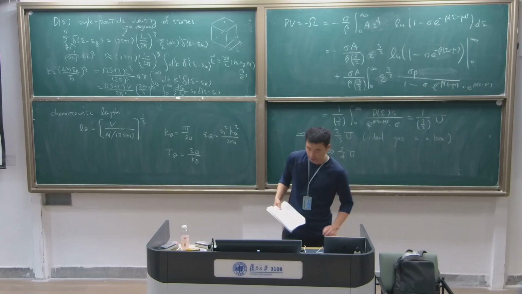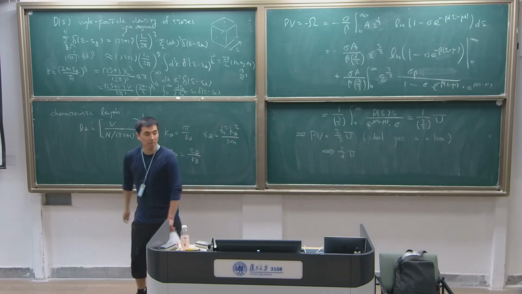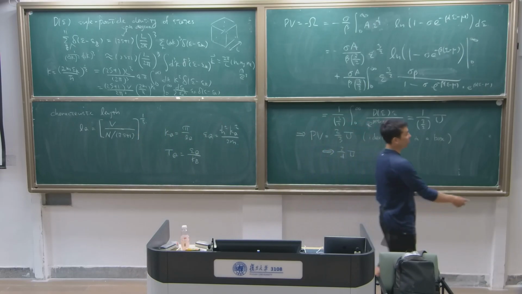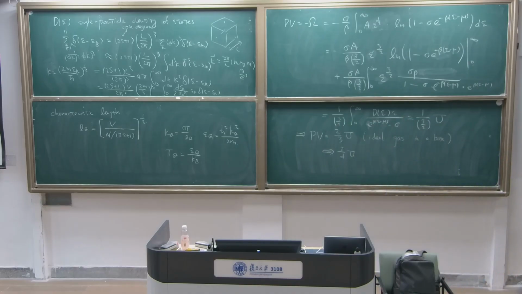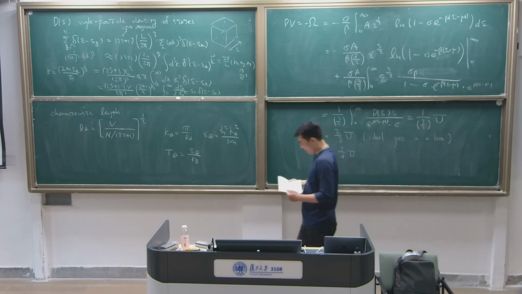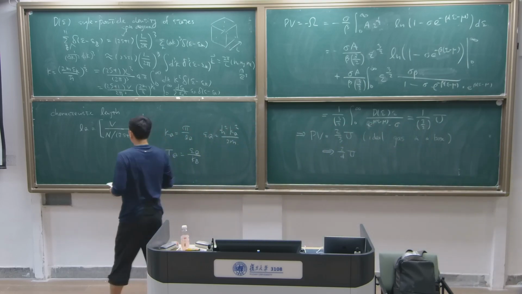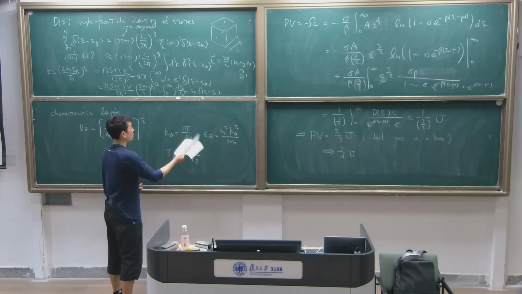So here, this horizontal axis is normalized by T over T_Q. To see the characteristic behavior of the ideal gas, we have to appropriately normalize like this.